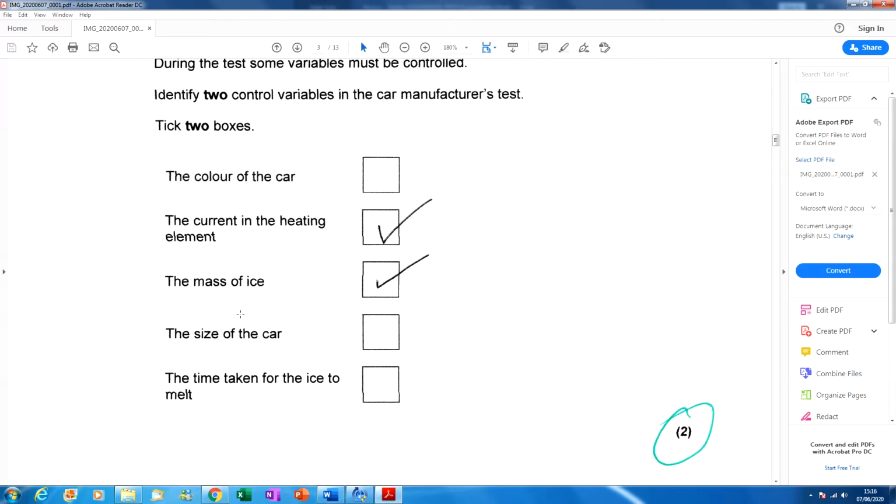Maybe the size of the heating element does, but certainly not the size of the car. And the time taken for the ice to melt? That is not a control variable. You would likely have that as a dependent variable, which is the variable you would be measuring.